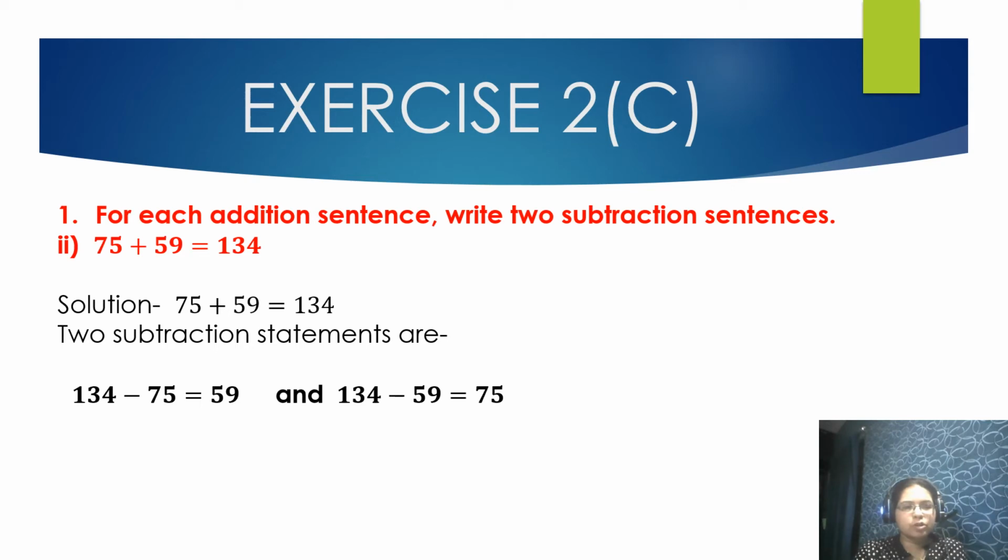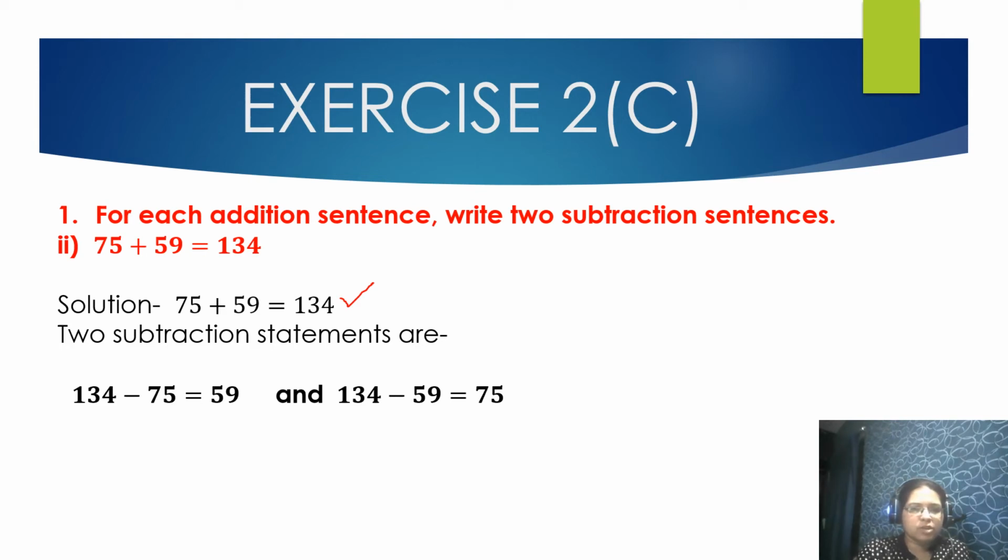Now we will solve question number 2. 75 plus 59 equal to 134. This is the addition sentence and we have to write down the subtraction sentences of it. 134 is on the right hand side, and 59 and 75 are on the left hand side.